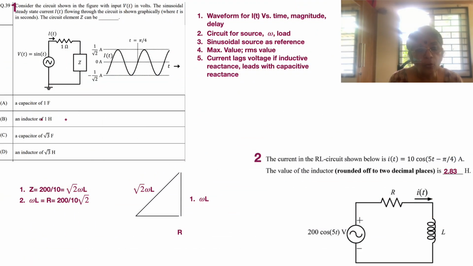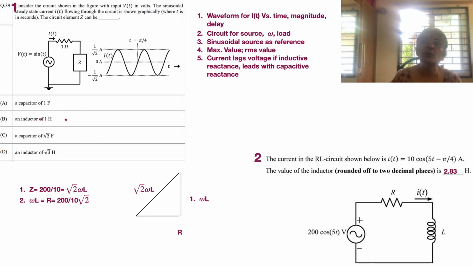Okay, the value of the inductor rounded off to 2 decimals. So what else do we diagnose from pi by 4? We realize that both R and the reactance omega L should be equal. Only in that case do you get an angle equal to pi by 4, because the vertical side of the impedance triangle is the reactance and the horizontal part gives you the resistive element.